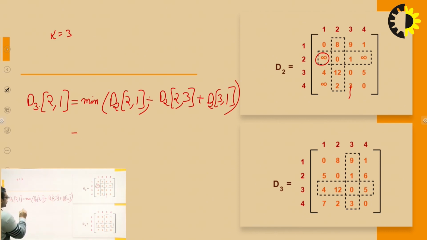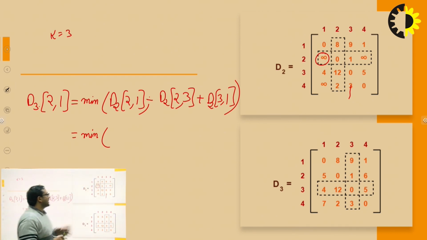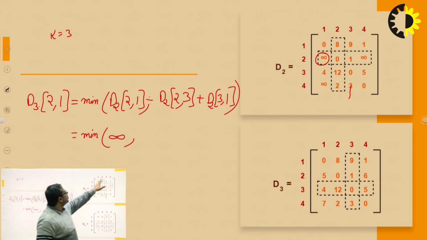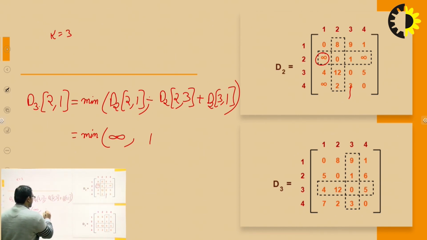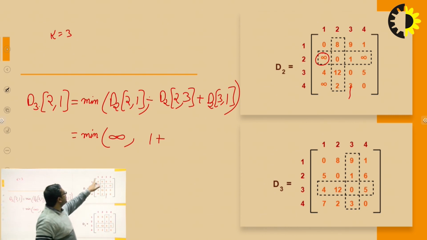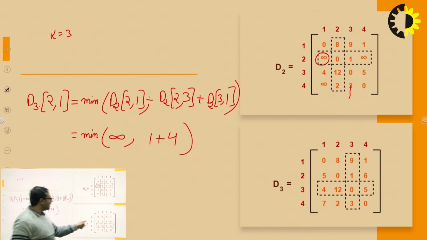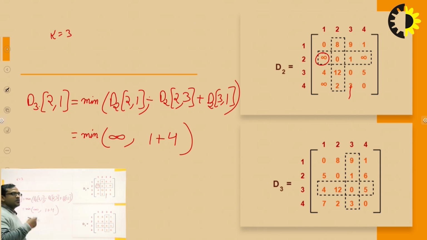Okay, it is equal to minimum of D2 2 1, which is infinity, comma D2 2 3, that is 1, plus D2 3 1, that is 4. So comparing infinity and 5, the minimum value is 5. So D3 2 1, you can see here 5. Got my point? So this is the way you can update all the values in D3.